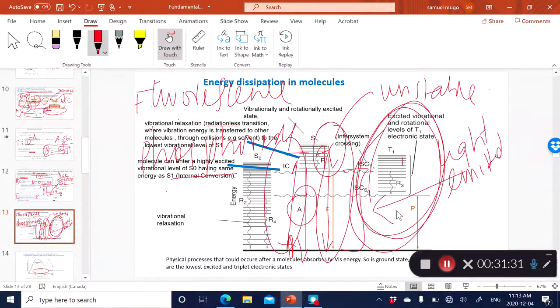So phosphorescence is much rarer compared to fluorescence, and fluorescence is rarer compared to absorbance. So in terms of selectivity, fluorescence and phosphorescence are fairly selective techniques because you don't have too many compounds out there that undergo fluorescence and phosphorescence. Those compounds must be very conjugated. They must be big molecules.